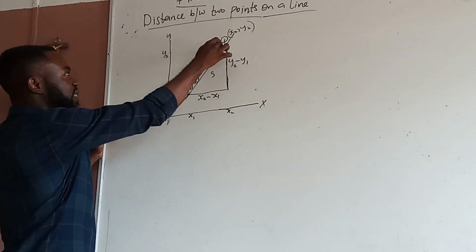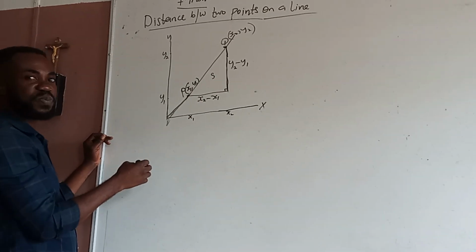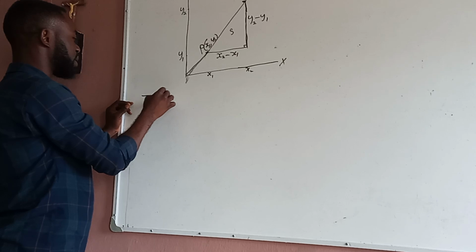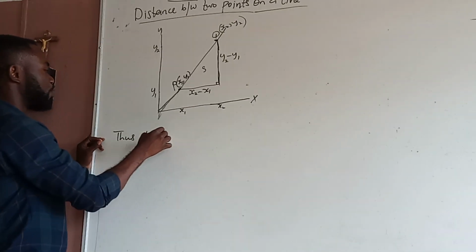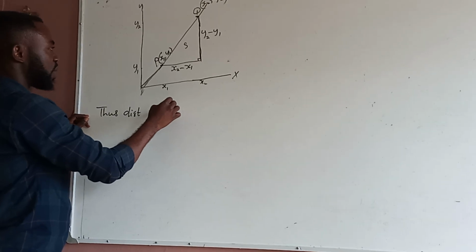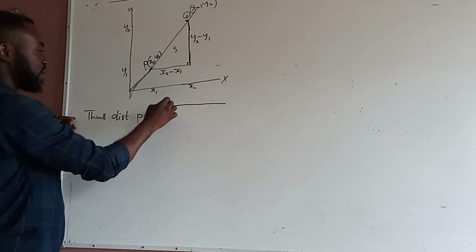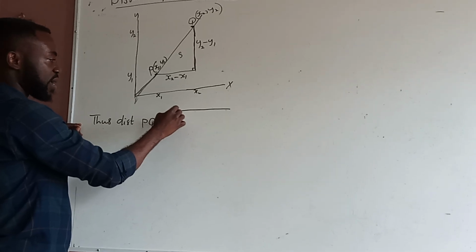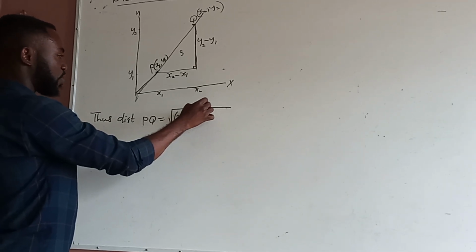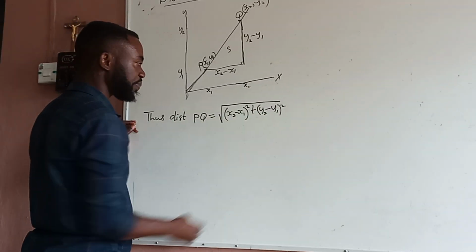So to find the distance here, knowing that this is a right angle triangle, we use Pythagoras. Thus, distance PQ is equal to, by applying Pythagoras, (x2 minus x1) squared plus (y2 minus y1) squared.